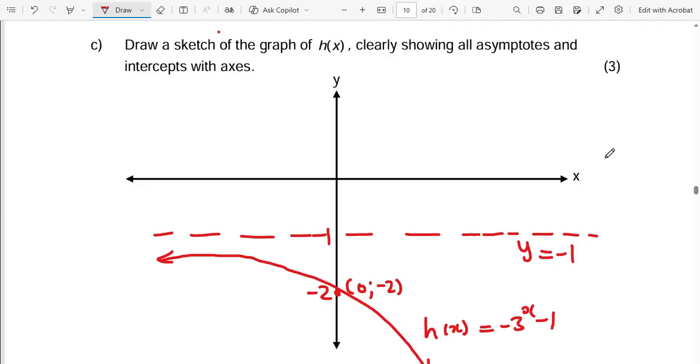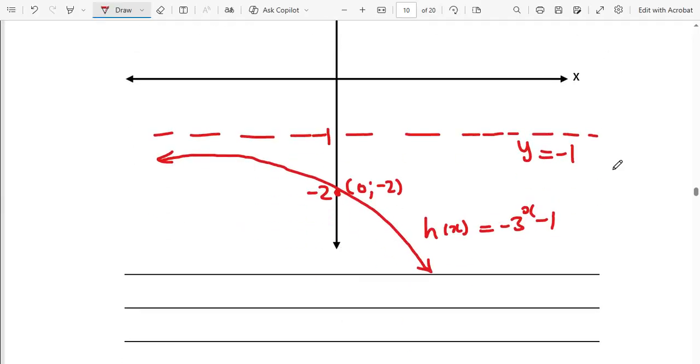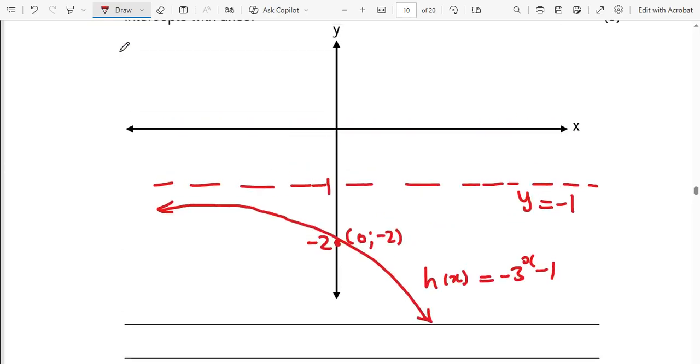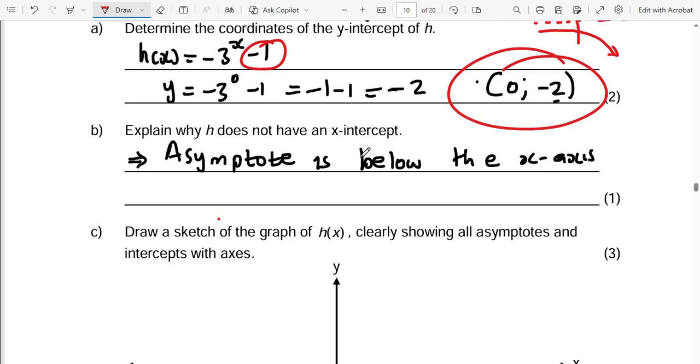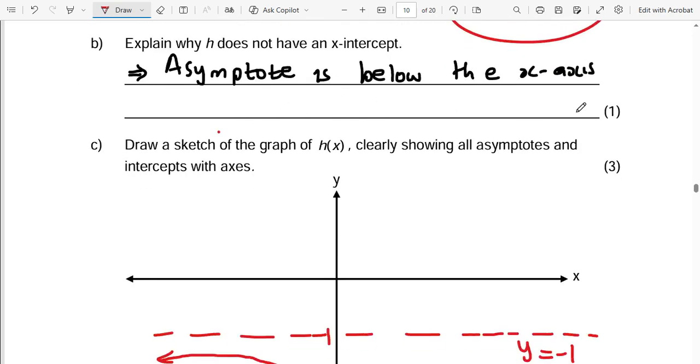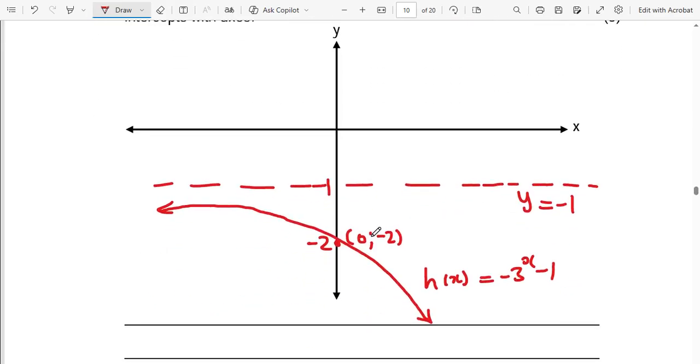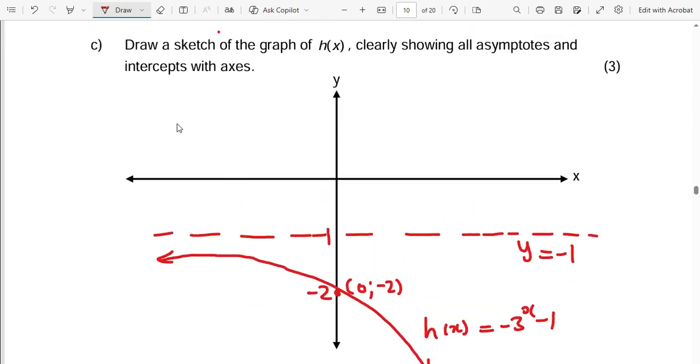You'll definitely get your 3 marks for the shape, for the y-intercept, and for the asymptote. If we go back to B, the reason it does not have the x-intercept is because the asymptote is below the x-axis. If the asymptote was plus 1, then we would have an x-intercept.